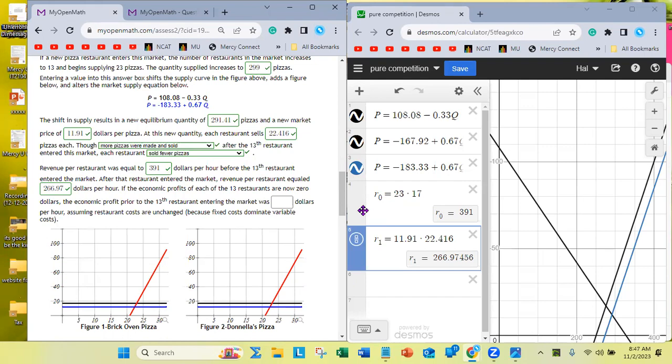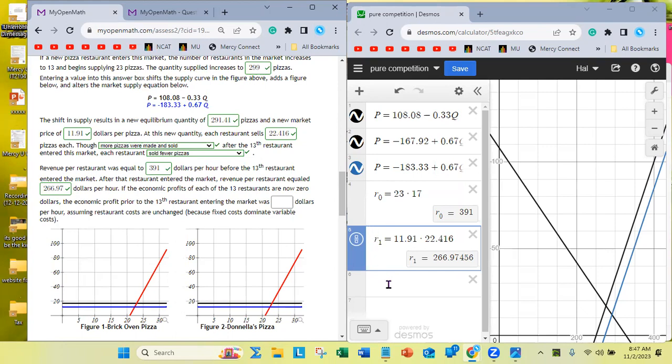So over the long run, there's going to be zero economic profit, right? That 13th firm can enter over the long run, not in the short run. In the short run, that entrepreneur is eating pizza at the 12 restaurants, right? But in the long run, they open that 13th restaurant. In the long run, there is no economic profit. Economic profits are zero, right?